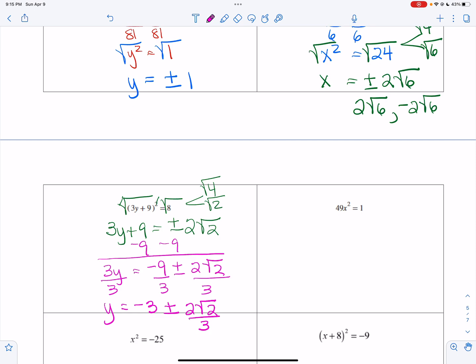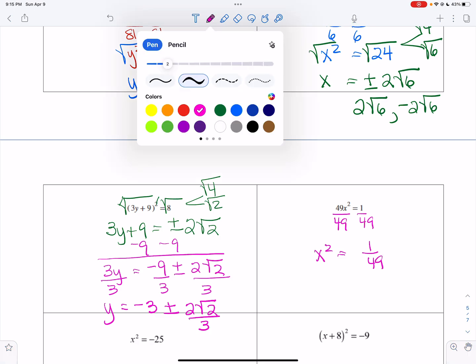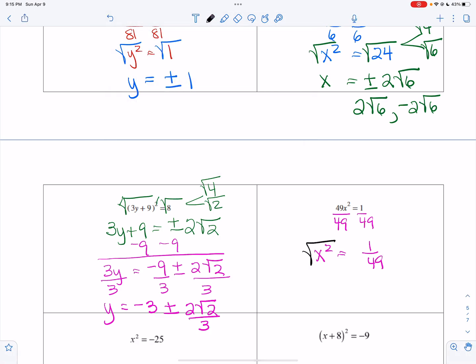Okay? Now we divide by 49. So x squared is equal to 1 over 49. We take the square root of both sides. That cancels. And x equals plus or minus the square root of 1 over the square root of 49, which is plus or minus 1/7.